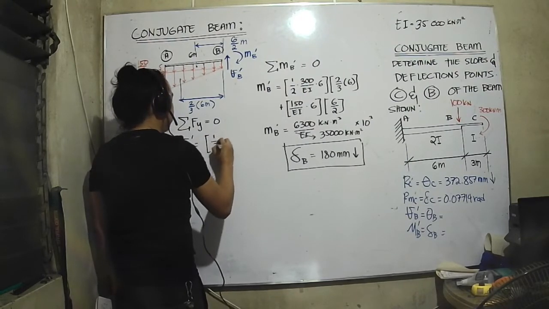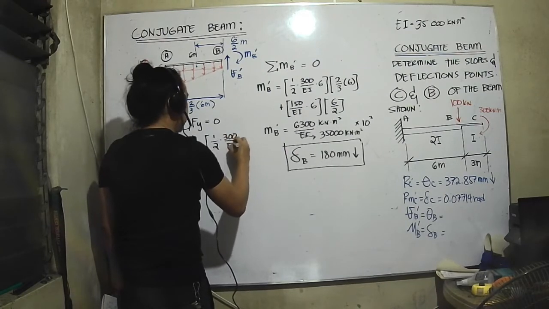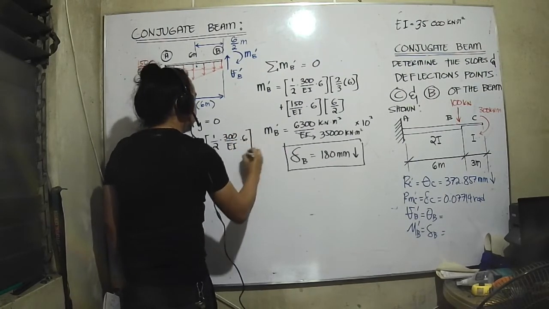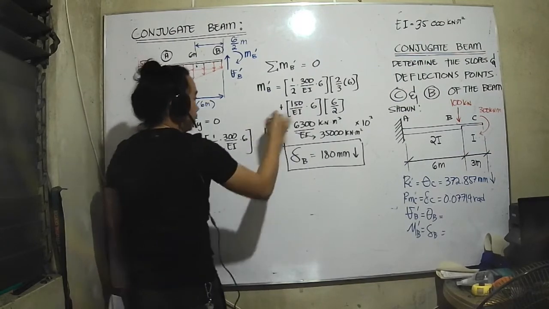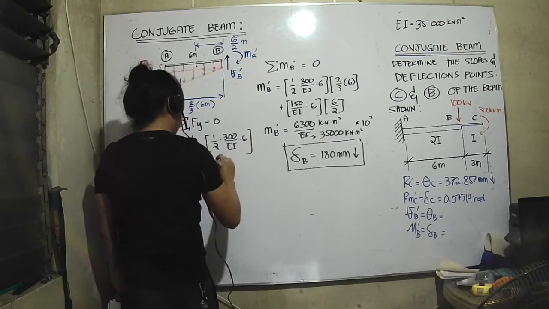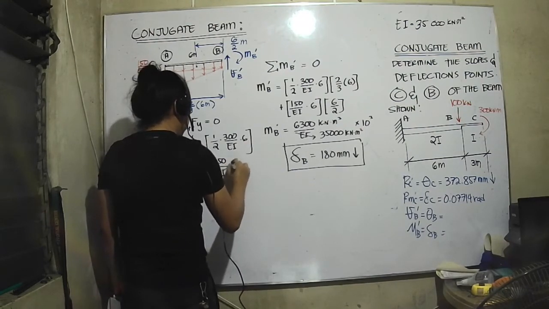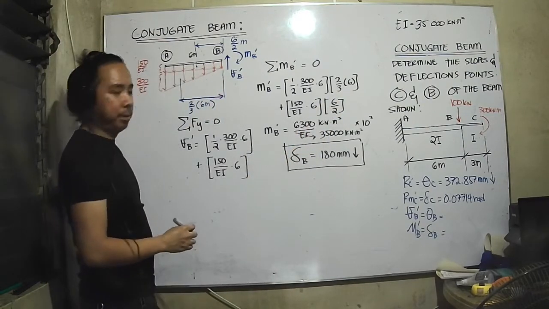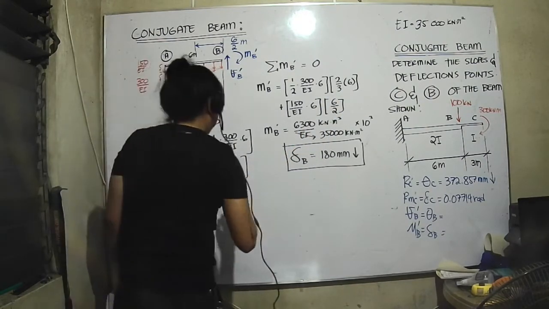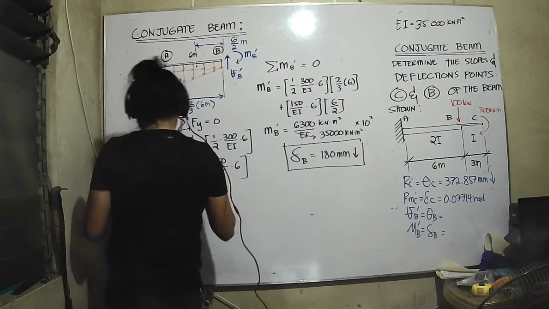So we have 1/2 times 300 over EI divided by 6, just ignoring the moment arms, plus the area of the rectangle, EI times 6, with a moment arm of 6 over 2. You add both and you will have VB prime to be exact.